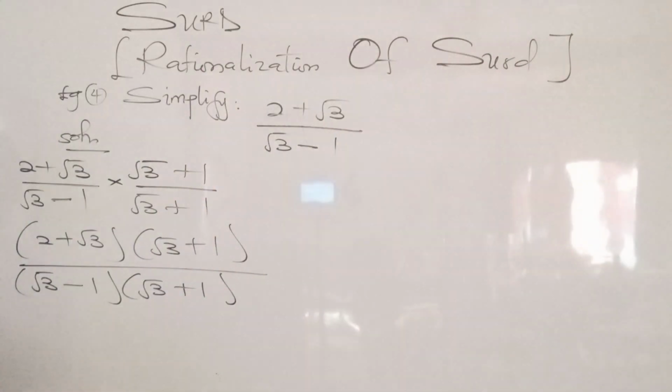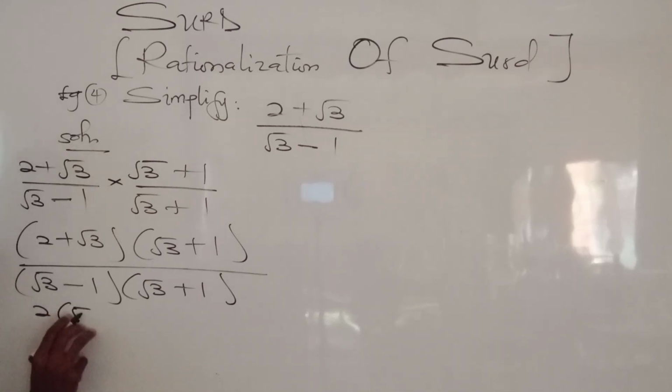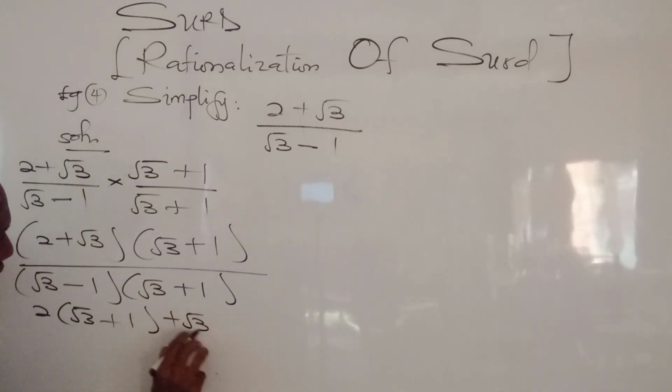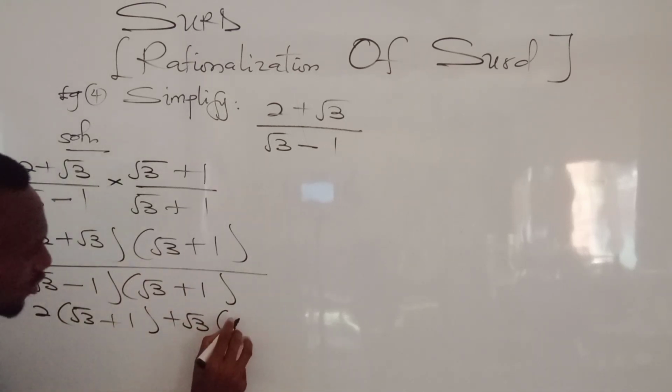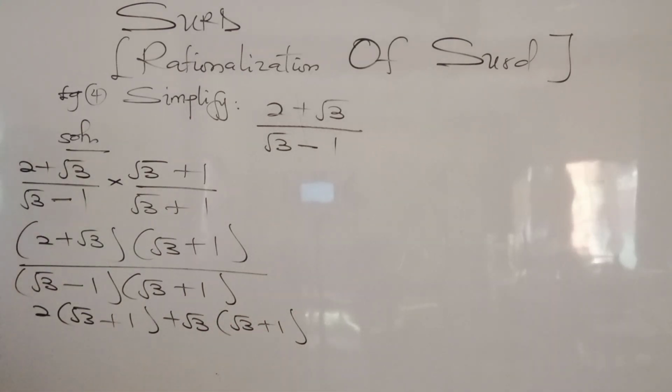So the 2 here will multiply the last bracket, which is root 3 plus 1. Then the plus root 3 will also multiply the last bracket, which is root 3 plus 1.